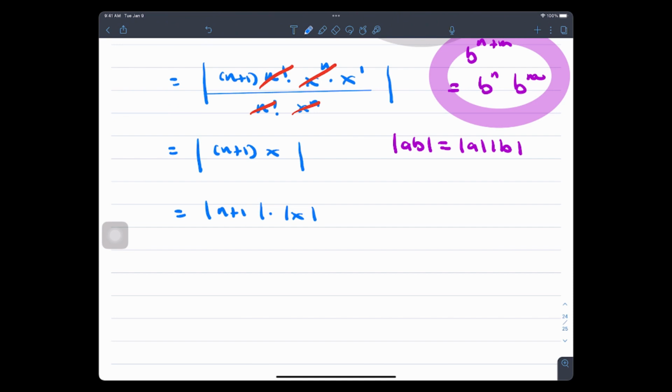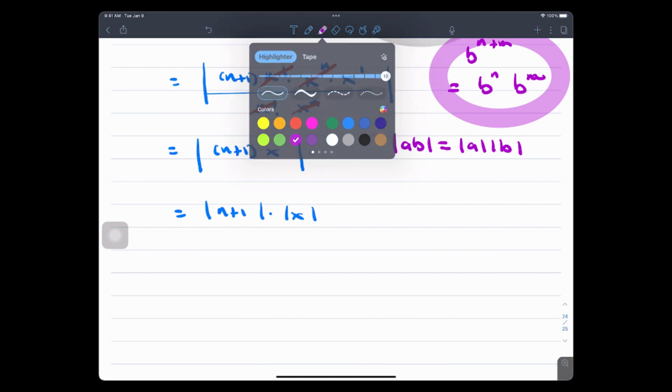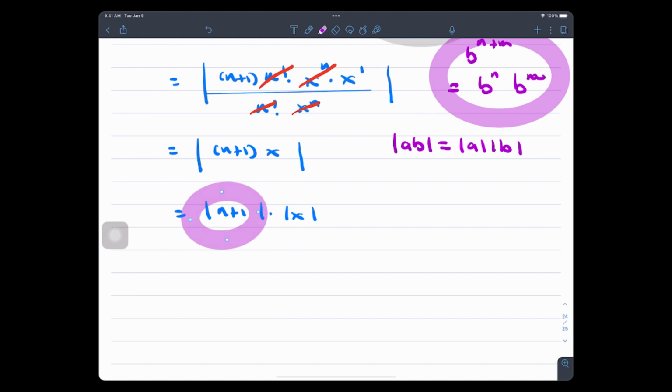And then what do we use here? We use the definition of an absolute value, the piecewise definition, which is what you see here.